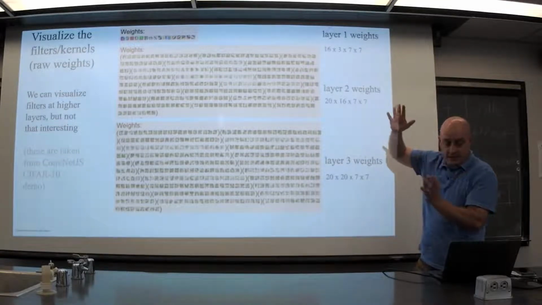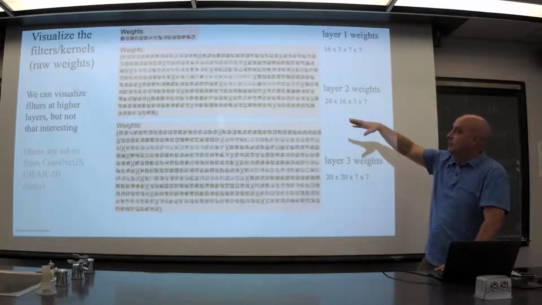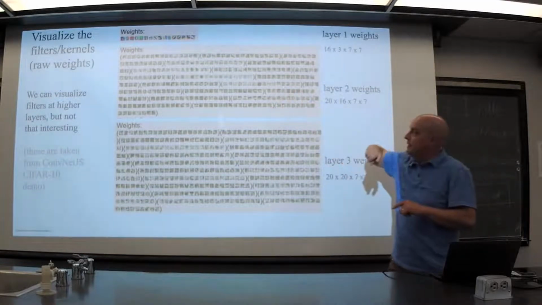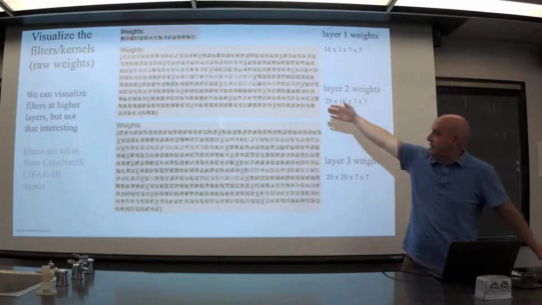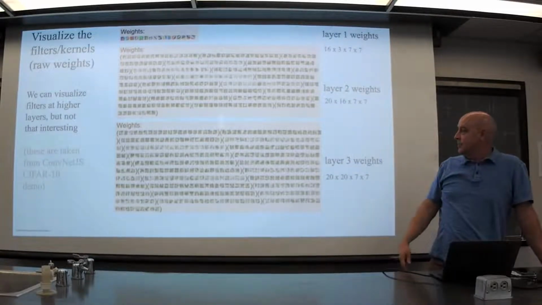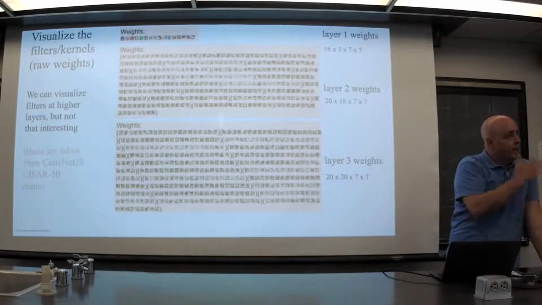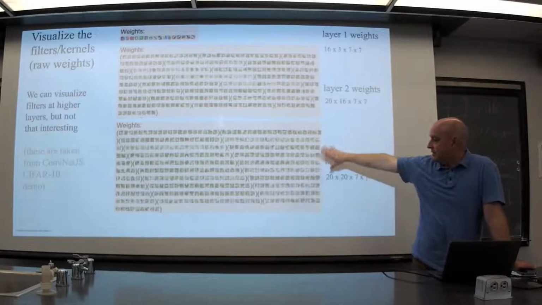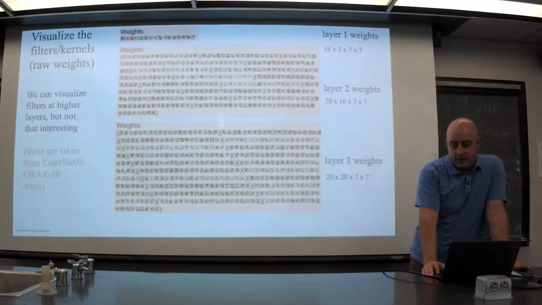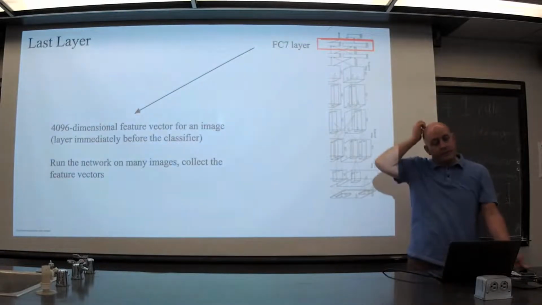Typically there's going to be a lot more than 3 channels, so I can't just render these as a color image, but I can render each one in grayscale and get some idea of what's going on there, and I can do that at higher and higher layers. But again, there's not a whole lot there that's of interest. You can do this, but it's not going to tell you a whole lot. Mostly, it seems like kind of strange patterns. So there's got to be better ways to think about this.